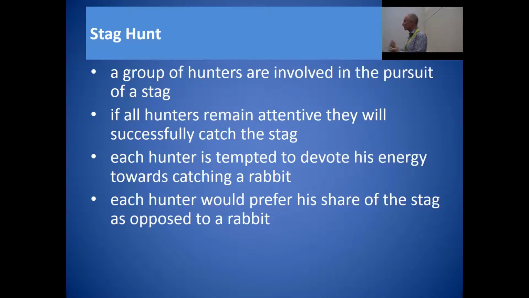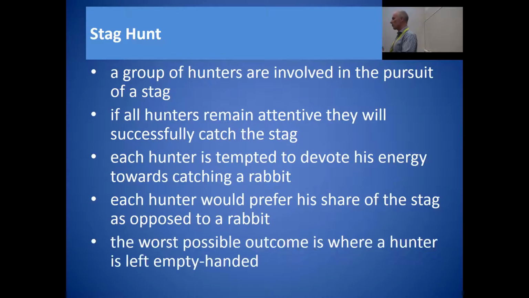So you've got two available choices. You go on the hunt, you either get something or you get nothing. Well, in terms of the something that the hunters could get, they would much rather have a share of the stag. They prefer that to having a rabbit which they have for themselves.